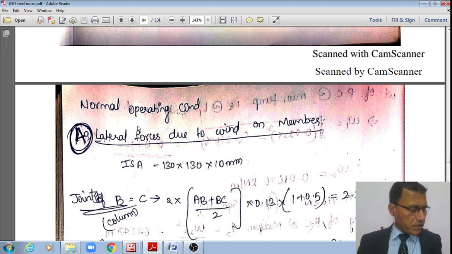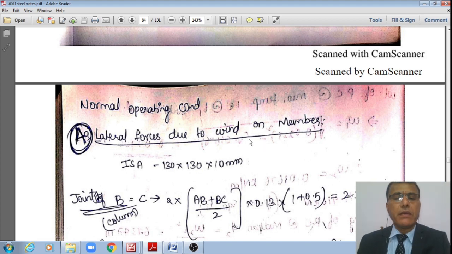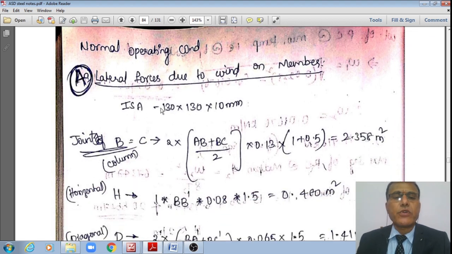Therefore that is the second part of this same problem, student, for the same data for which we have fixed the geometry and the lengths. I hope you are understanding these discussions.